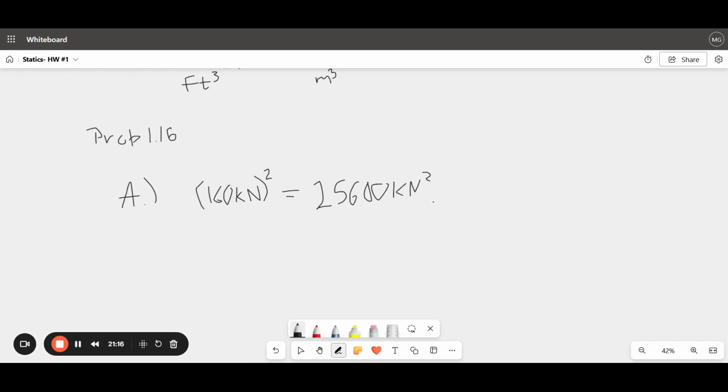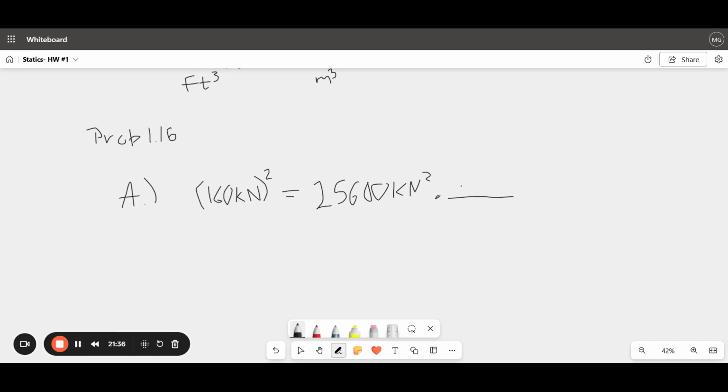And what we're going to have to do is take the standard kilonewtons to meganewton conversion and square it. So we're basically going to take the unit conversion and square it.